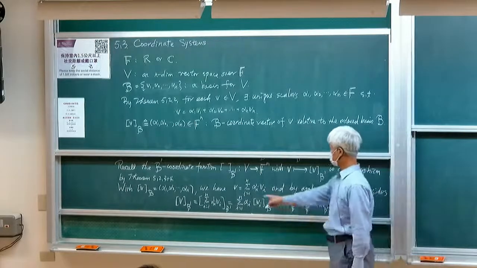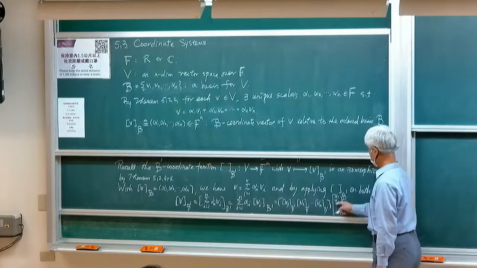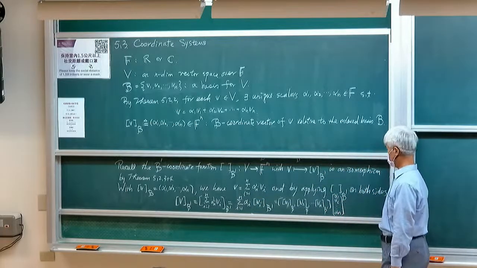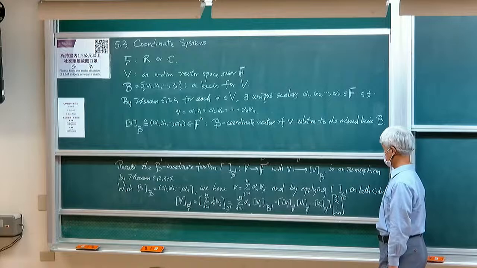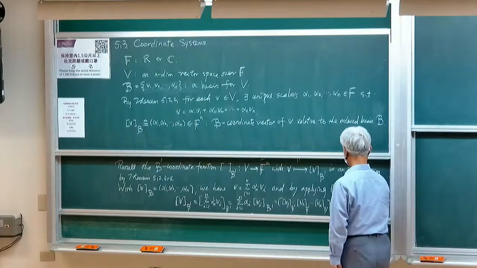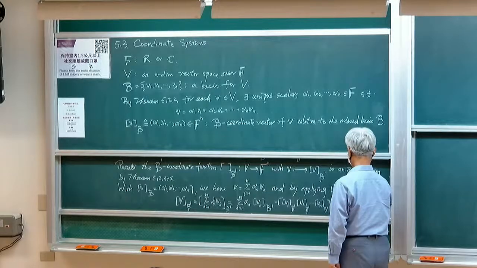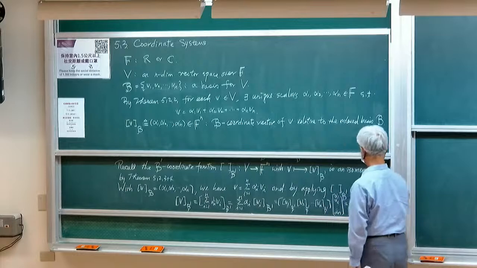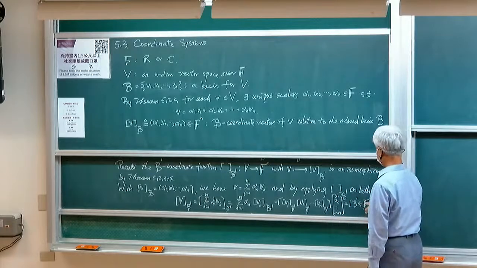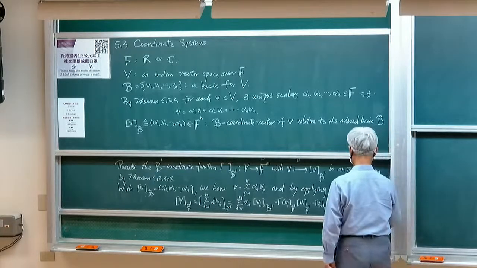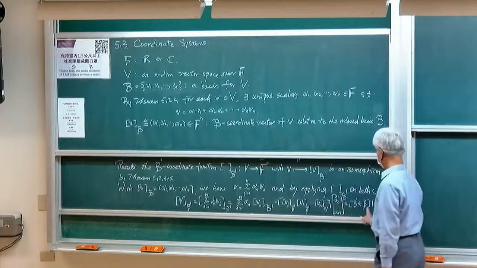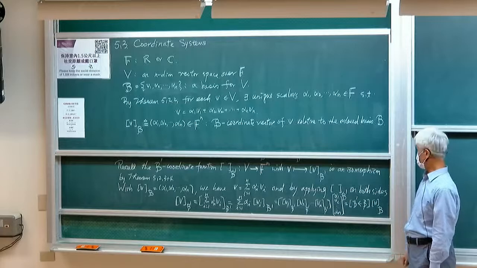And the coefficients are put together as a column vector, which is just the B coordinate vector of V. This matrix is given a name, the matrix from B to B prime.